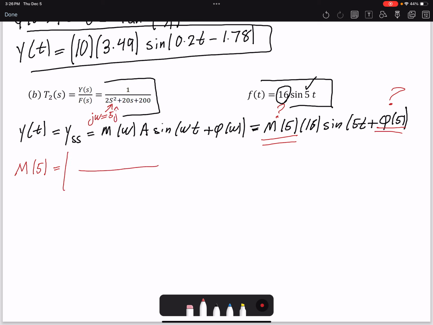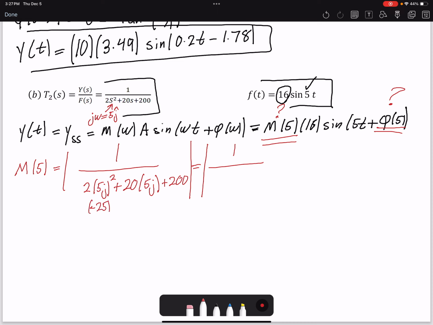So here if I replace it and find the magnitude, I have 2 s squared plus 20 s plus 200, which is 2(5j) squared plus 20(5j) plus 200. j squared would be negative 1, and then 5 squared would be 25, so I have negative 25 here.